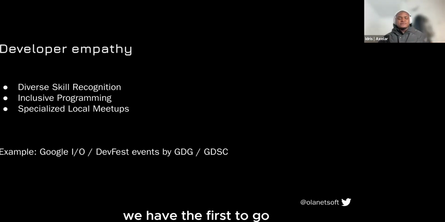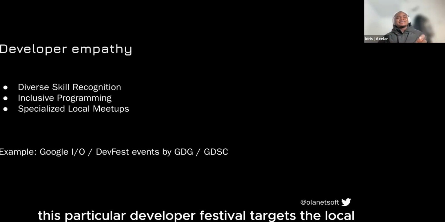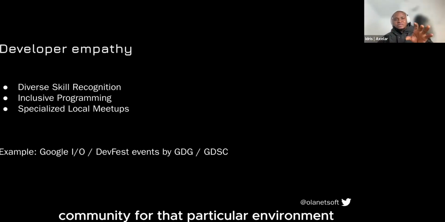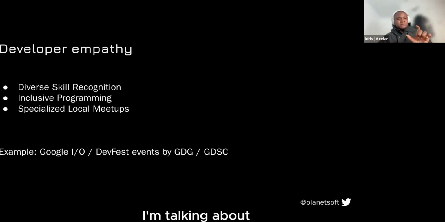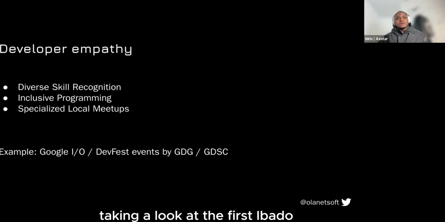We have DevFest Lagos, DevFest Abuja, DevFest Ibadan, DevFest Akure, and a lot of DevFests across all the 36 states, where each developer festival targets the local community of that particular environment. So when I say DevFest Lagos, I'm talking about the developer festival in Lagos. When I mention DevFest Ibadan, we talk about the developer festival in Ibadan.